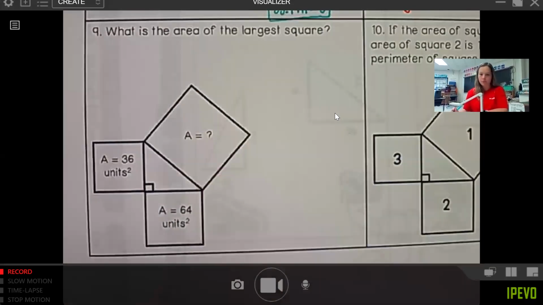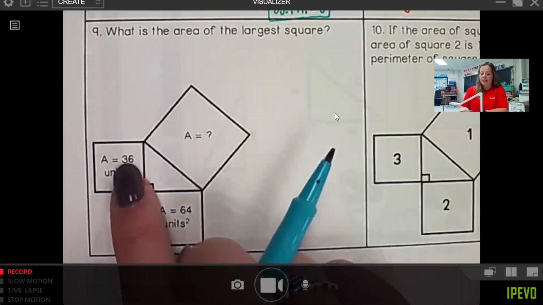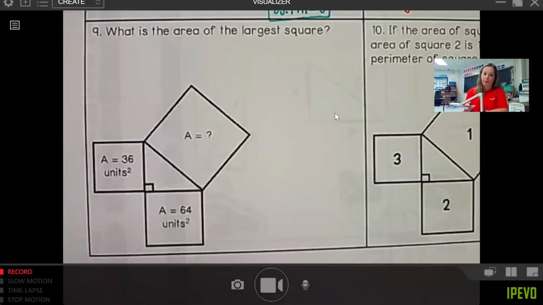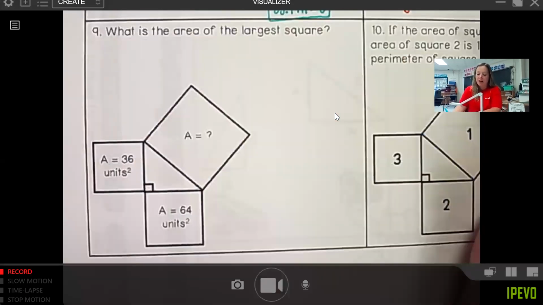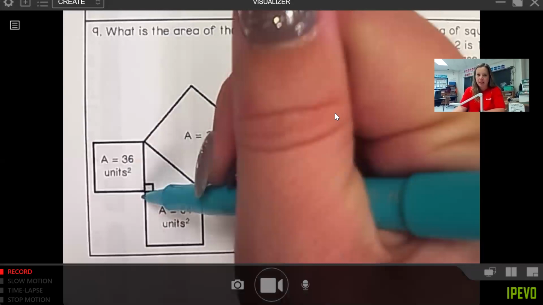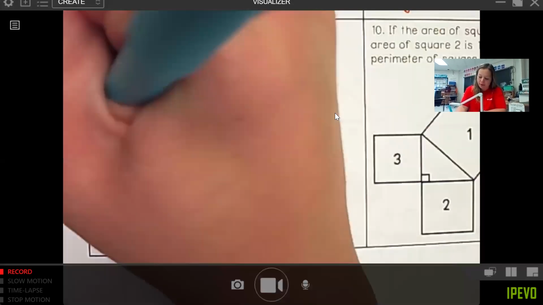Okay. These numbers, 36 and 64, are already squared for you. That's why it says unit squared. So the area of this square is 36, and I could find out what a side length is if I took the square root.